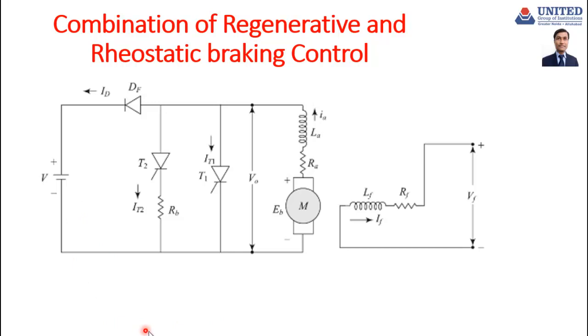Whenever the amplitude of voltage exceeds a preset value, that is about 20% of the line voltage, the regenerative braking is removed, and then rheostatic braking is applied to the motor. In this circuit, the thyristor T2 will be turned on to divert the current to the braking resistance RB.